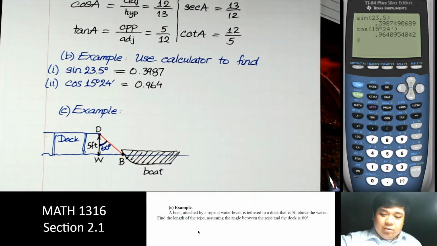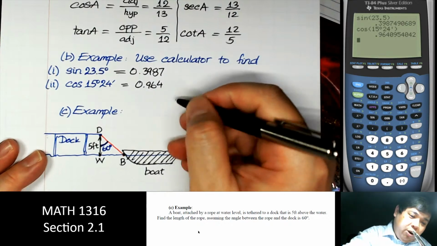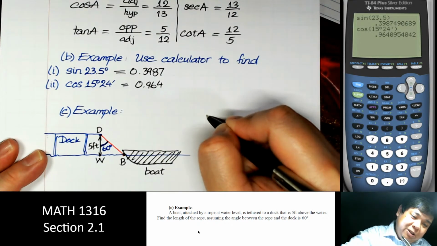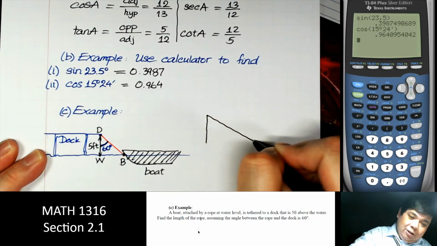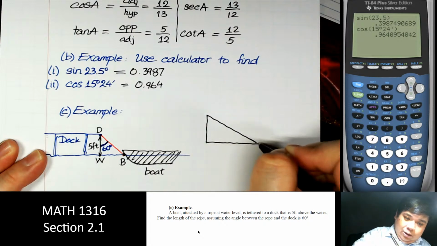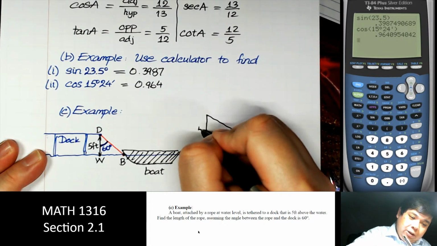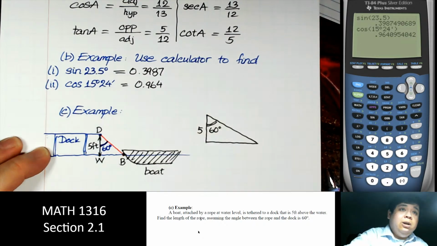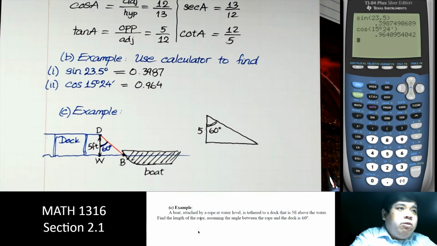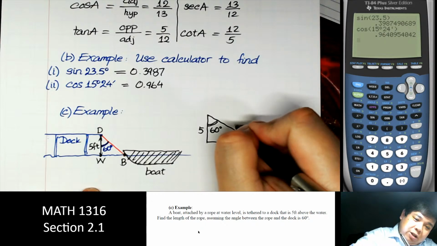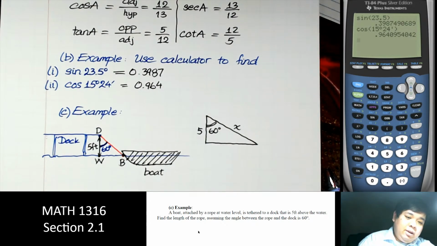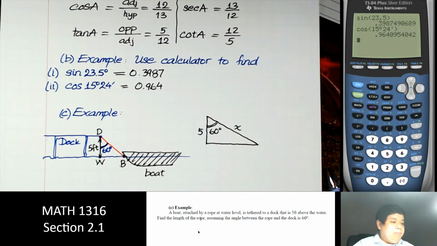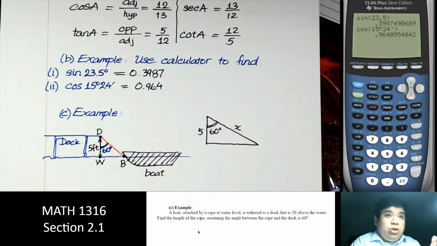So we'll just draw a big triangle. What is the question? Find the length of the rope. So this is x. Usually we just draw the picture, and then we ask to find x.